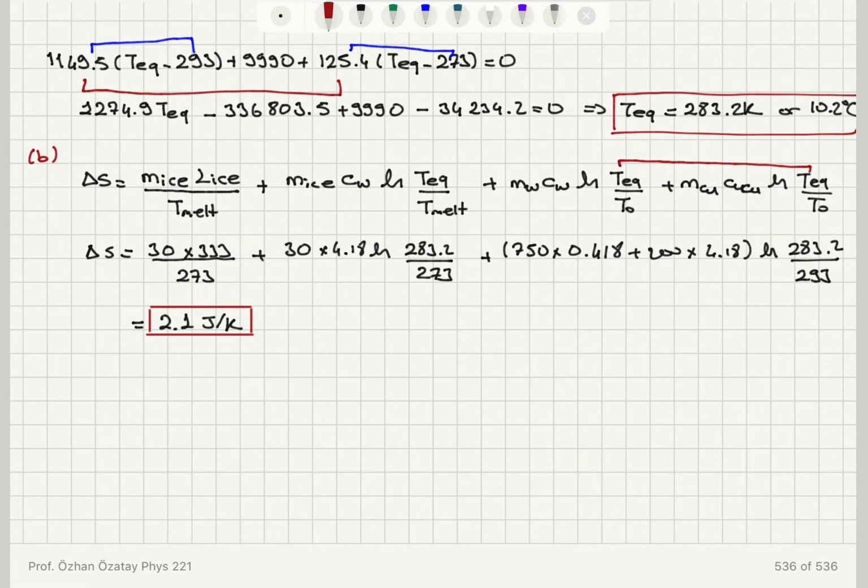So I want to do some work on the system so that the final equilibrium will be reached at 20 degrees Celsius.